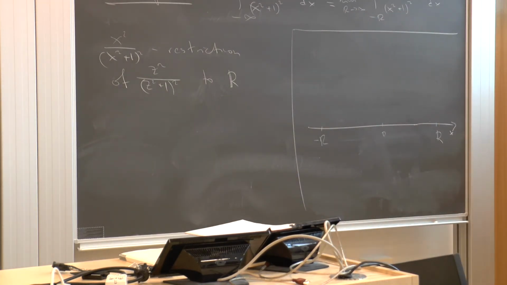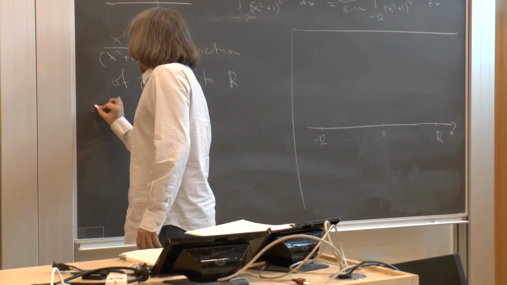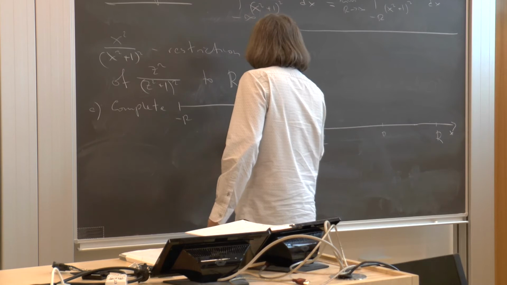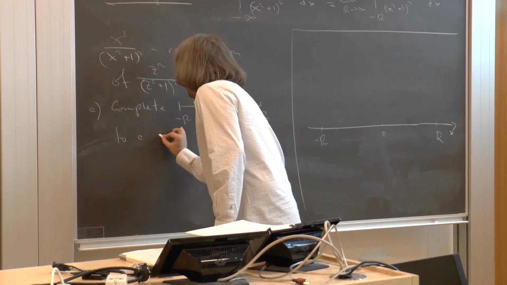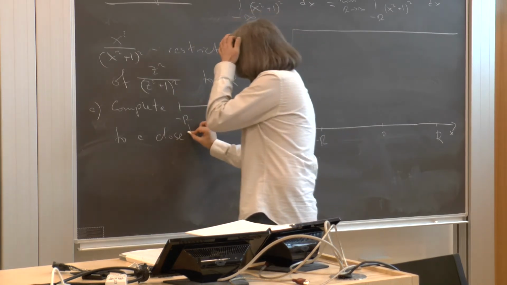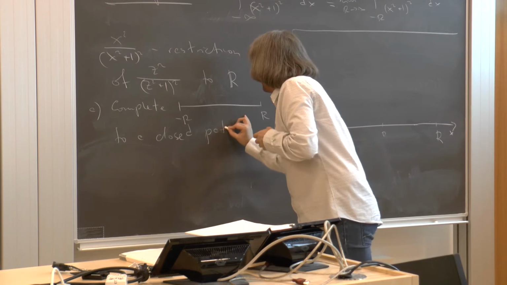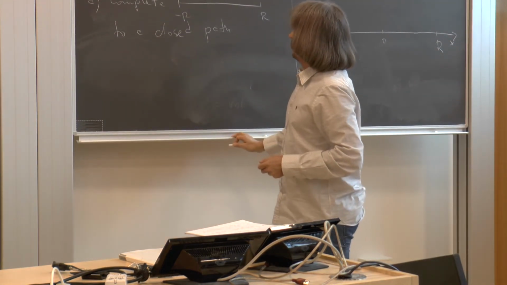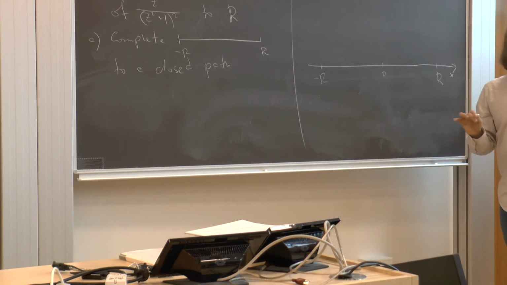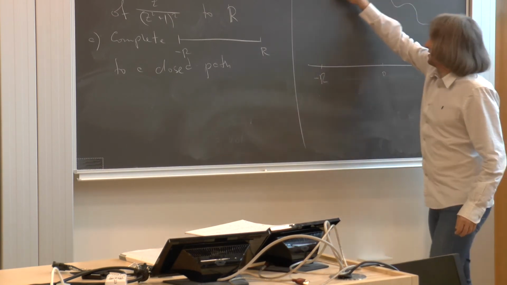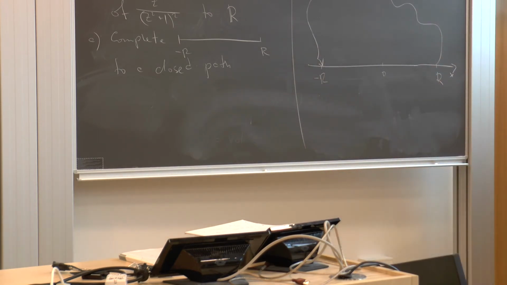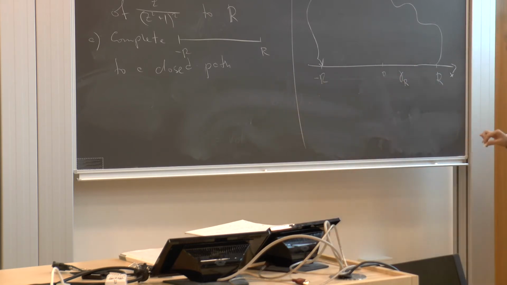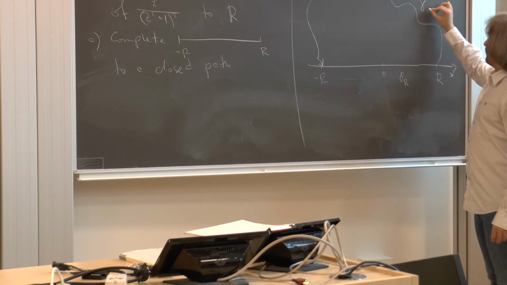So the first thing to do is complete this interval from minus r to r to a closed path. First I'll draw, but then I'll choose such completion. So I'll just do something like this. This is my original one, so call it gamma r, and this will be gamma additional.